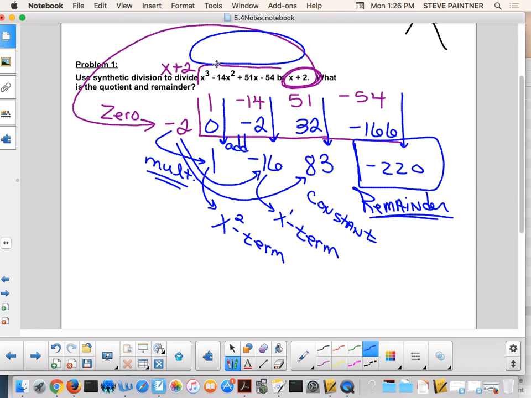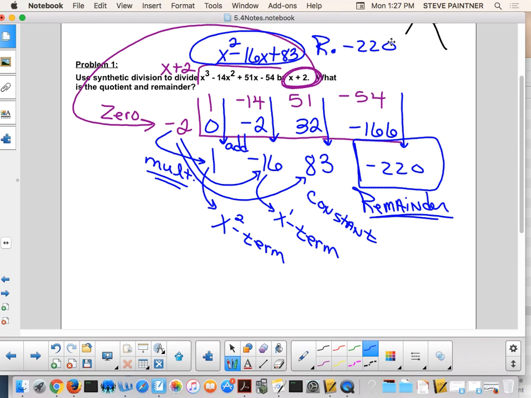You would write 1 x squared followed by negative 16x followed by 83 with a remainder of, I'll put r dot, negative 220. You don't have to do 220 over. You don't have to if you don't want to. If you want to, do it.